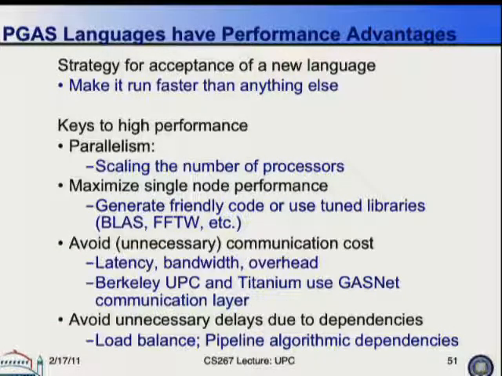So let's talk a little bit about the communication of GASNet in order to understand what you should expect to see in terms of performance. Another thing you want to do to get good performance is to avoid unnecessary synchronization or dependencies in the code, such as load imbalance problems that cause one processor to slow down waiting for the others.